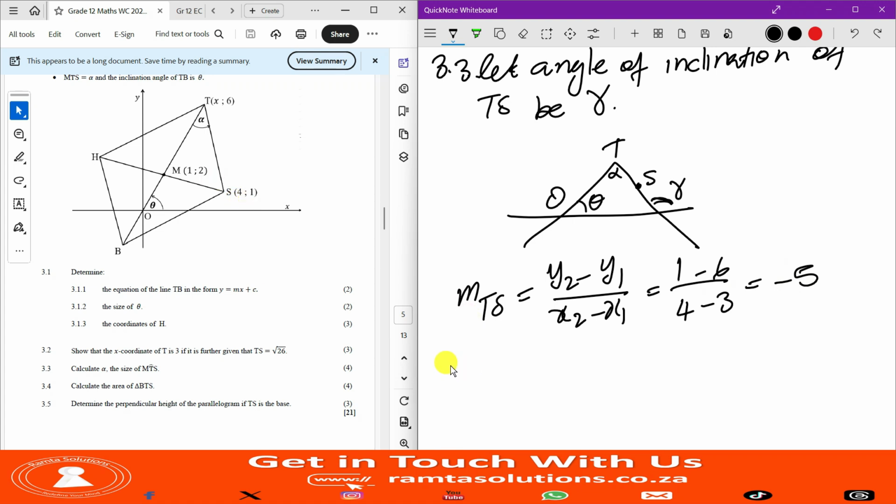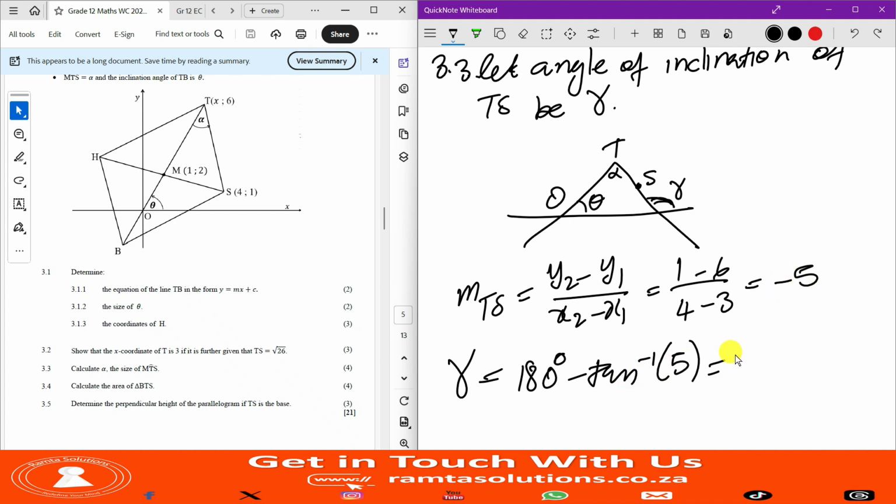So now to find gamma, we will say gamma. Remember, guys, I'm just saying gamma. You can say anything you like to represent the angle of inclination here. Okay. But I chose gamma. So gamma equals 180 degrees minus tan inverse of positive 5. I'm not using negative 5.